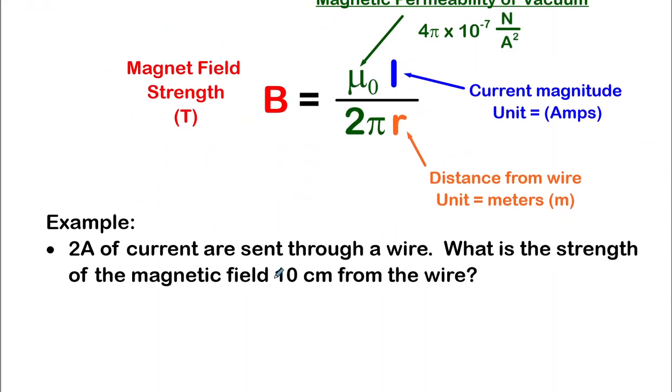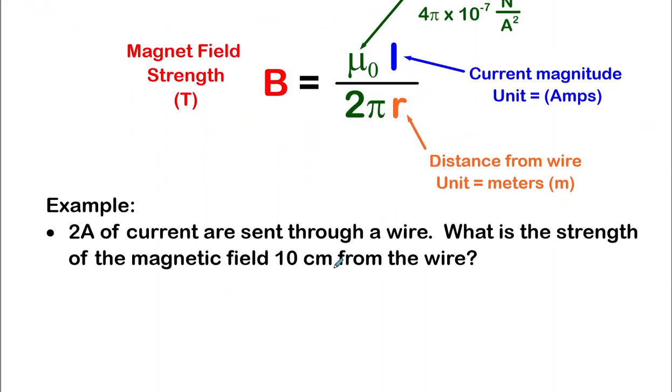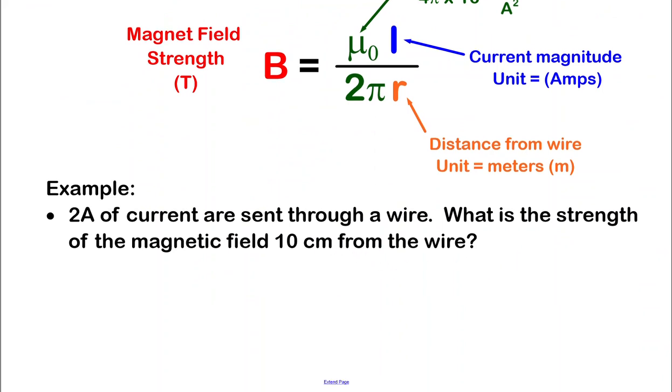Here's an example problem. If we have 2 amps of current going through a wire, then we need to figure out what is the strength of the magnetic field 10 centimeters from the wire. So if we write down everything we know, current in this problem is 2 amps.